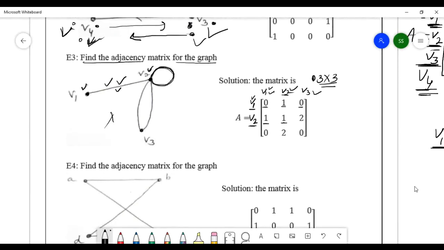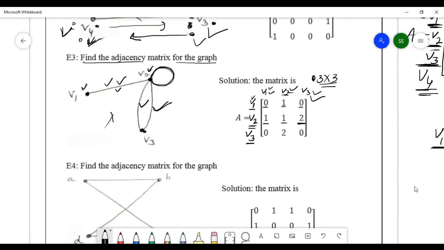Okay. Now see this V2 to V3. Look here, V2 to V3, these two edges exist. So here write 2. This is V2 and this is V3, and between V2 and V3 two edges exist. So write here 2, and now write here V3, the third row.